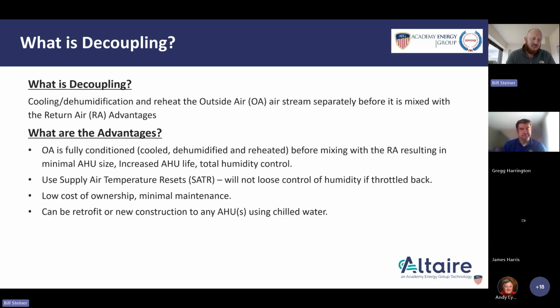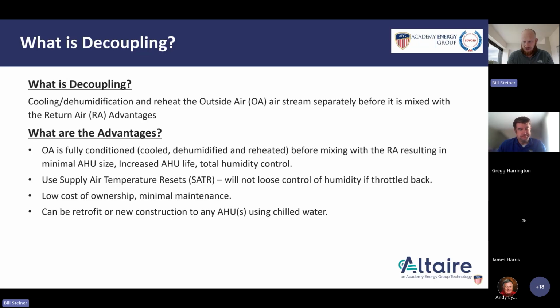Some additional advantages to decoupling is because it's robust. Again, we're using a chilled water coil. It's pretty simple. It's pretty forgiving. You can take full advantage of supply temperature resets. If you recall back to the two different methods that we can use for dehumidification, desiccant systems, things like that, aren't as tolerant of being set back as far as something as simple as a system that utilizes subcooling.